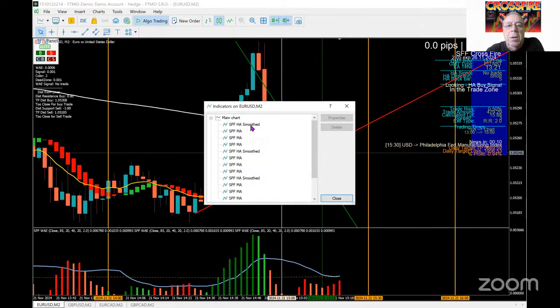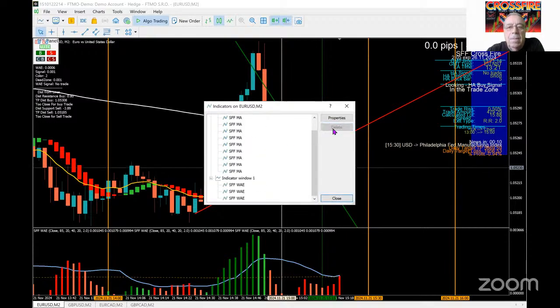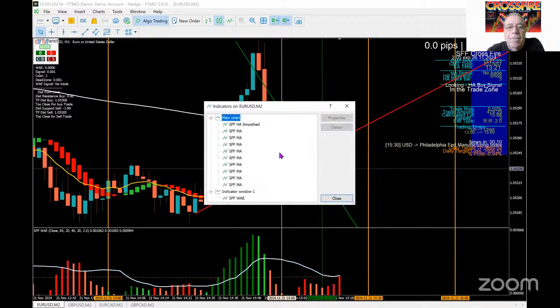So what I need is one smooth and 3 MAs. I need to get rid of all of the others. And I certainly don't need 3 Waddah Attars. That's a bit of a pain, but it's something that Oliver's dealing with.